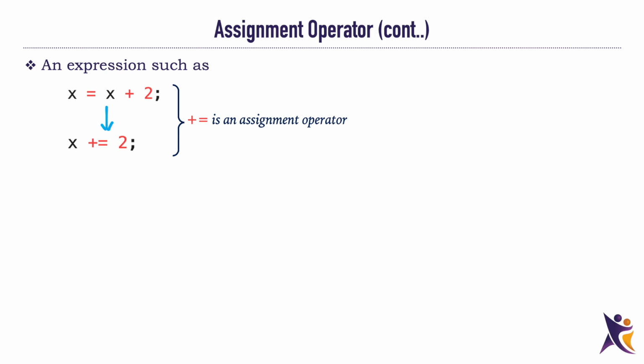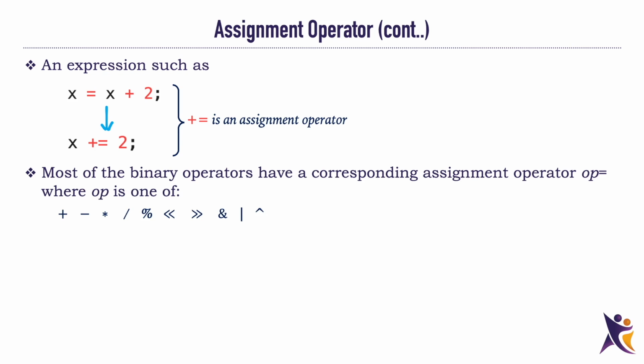Similarly we can have other binary operators like subtraction, multiplication, division, remainder operator, which are all arithmetic operators, and we can have bitwise operators like left shift, right shift, bitwise and, bitwise or, and even XOR operation, right? We will see all these bitwise operators in the next videos. All these operators can be used in the form of shorthand notation, right?